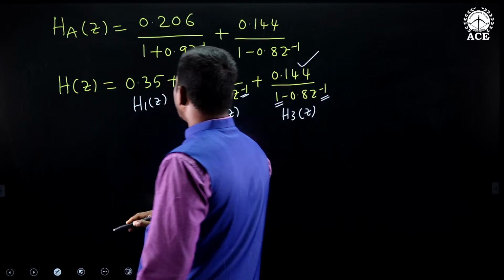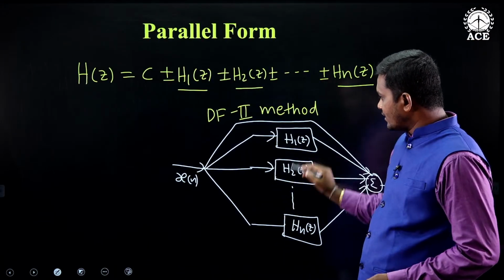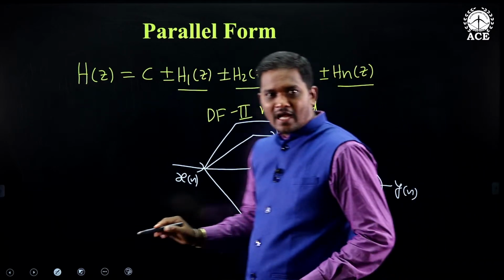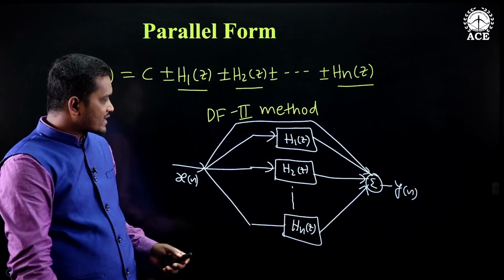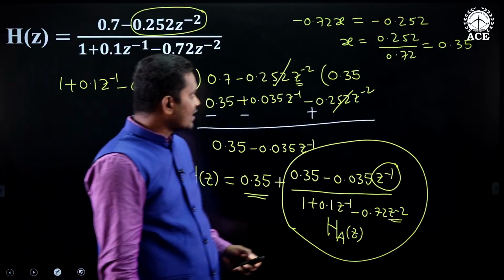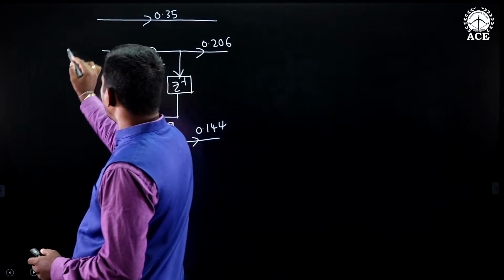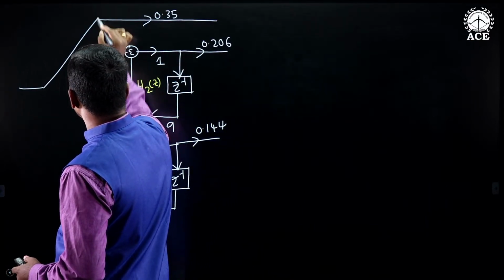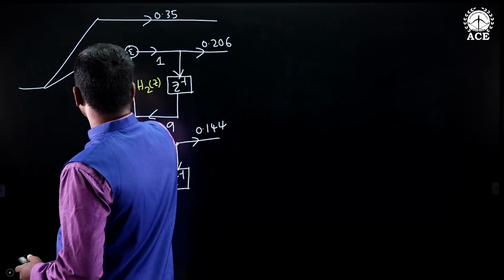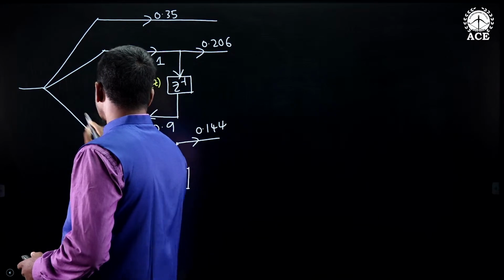Just now I have given the parallel form. Once you see here, for all the systems, the input is the same, and all the outputs you need to add like this. So by using this structure, I am drawing here. For all the systems, the input is the same. So this is the input, take a line like this, and here also the input.